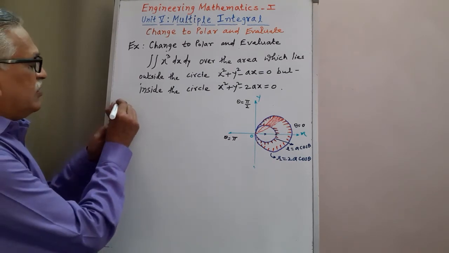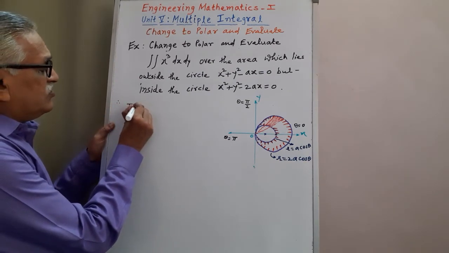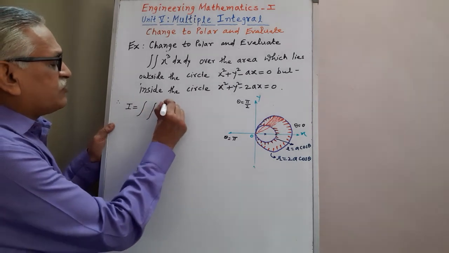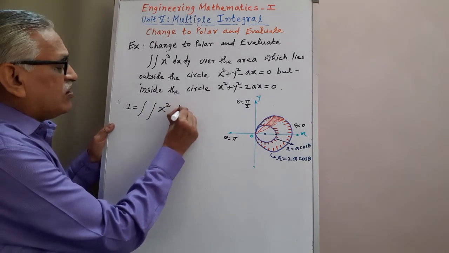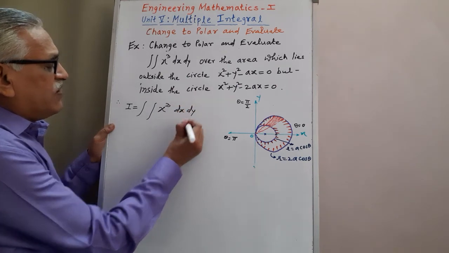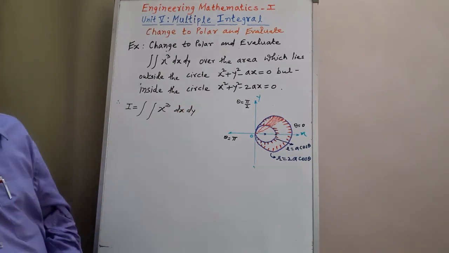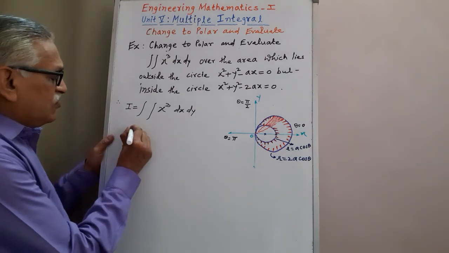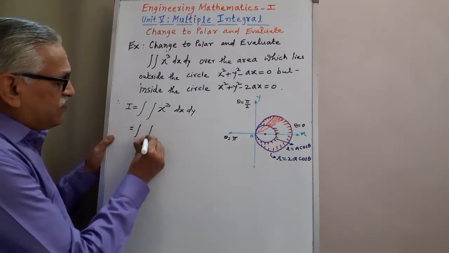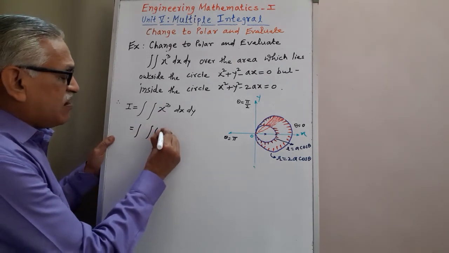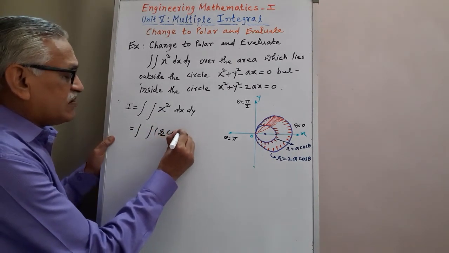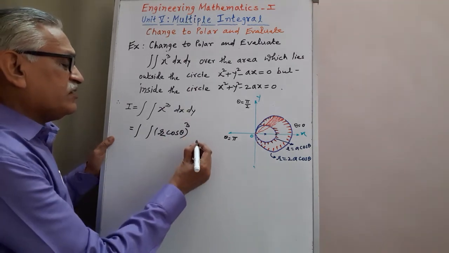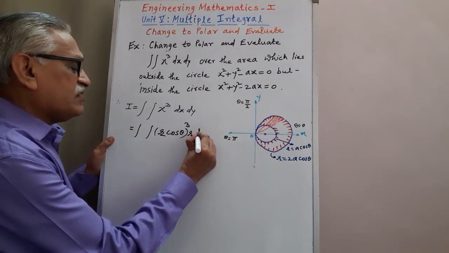Therefore I is equals to, given in Cartesian form, double integration of x cube dx dy. Then we convert it into polar form, and therefore it is double integration of x is r cos theta and its cube, and dx dy is r dr d theta.